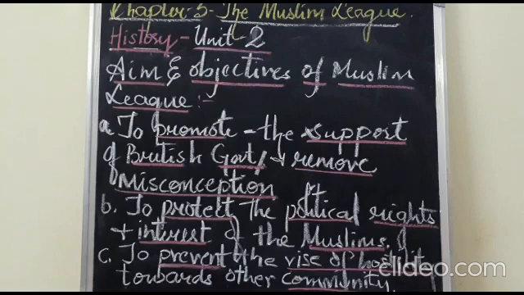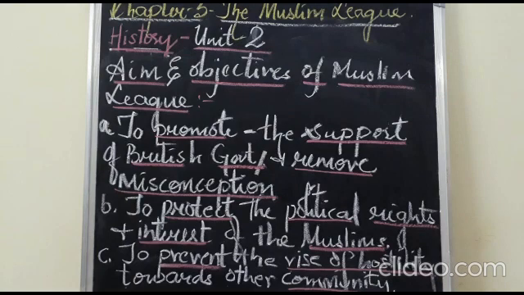The objectives of the Muslim League were laid as follows. The first one, to promote among the Muslims of India support for the British government and to remove any misconceptions regarding the intentions of the government in relation to the Indian Muslims. Now, which government are we talking about? The British government.